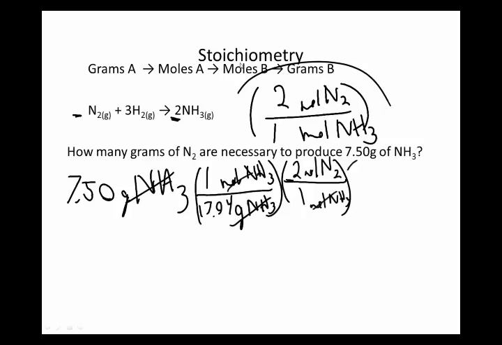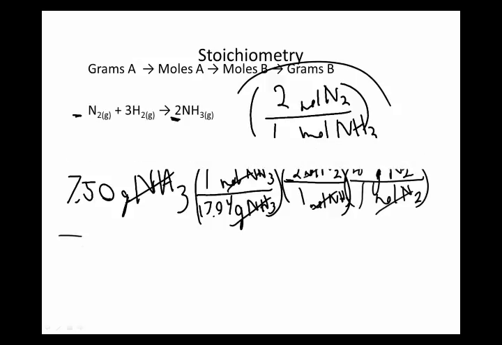And I want to know mass of N2, so moles N2, grams N2, and I need to find the molar mass of N2, which is just going to be the mass of nitrogen times 2, so 28.02 grams per mole.